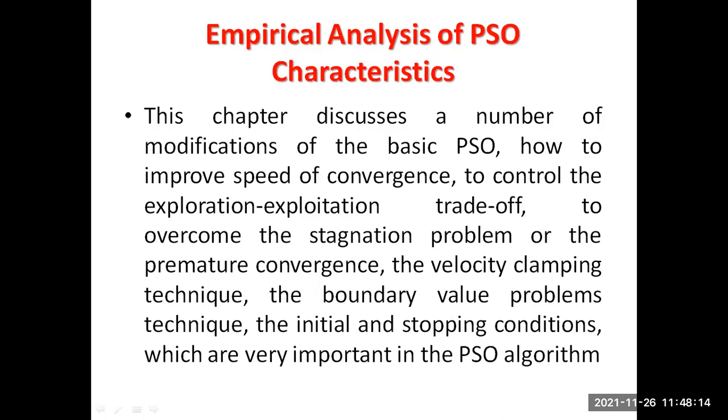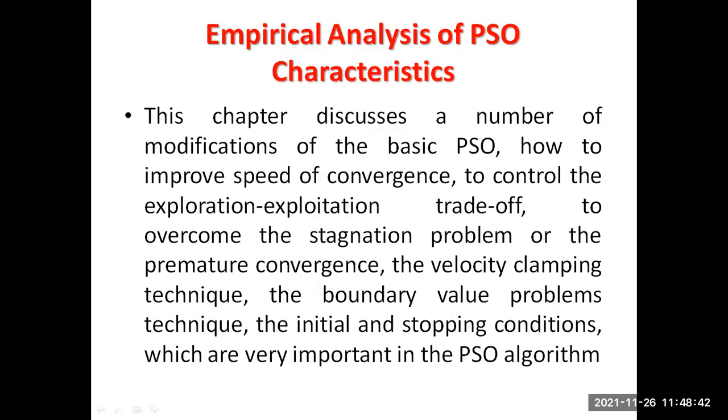Exploration means for a wide region we are exploring where the actual solution is available. But exploitation means you got some hints of those solutions, that the solution is located within that search space. Now, to fine tune where the exact location of that particular solution is, we have to do the exploitation step.